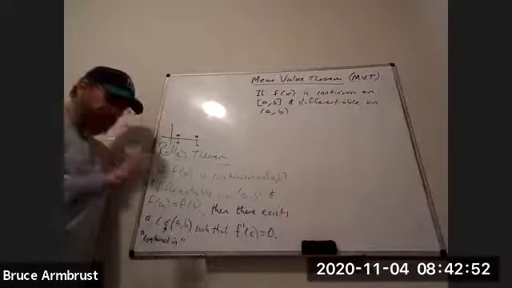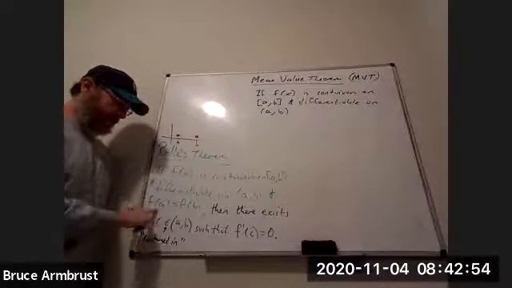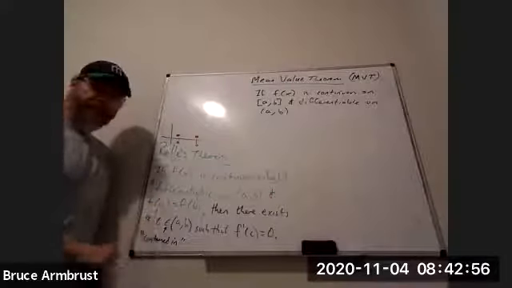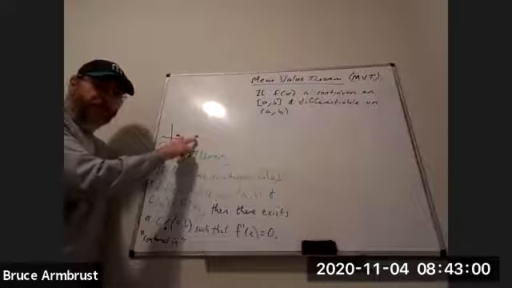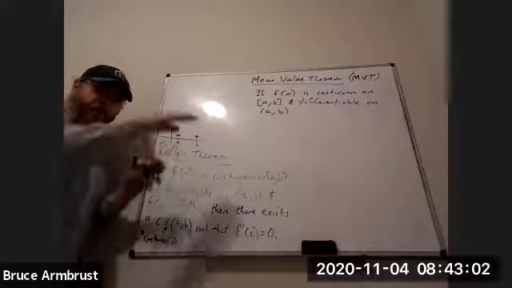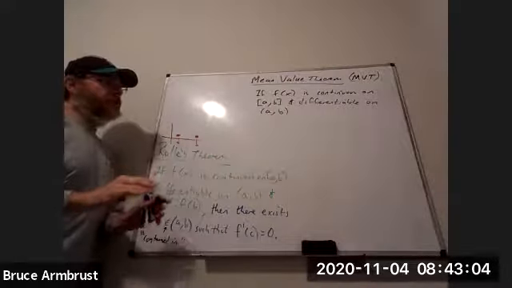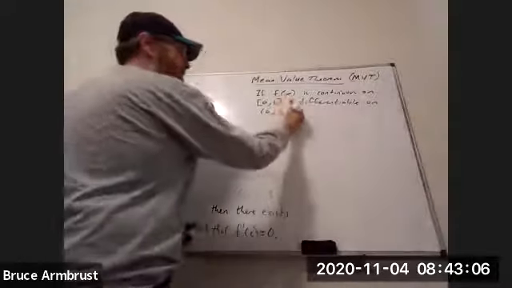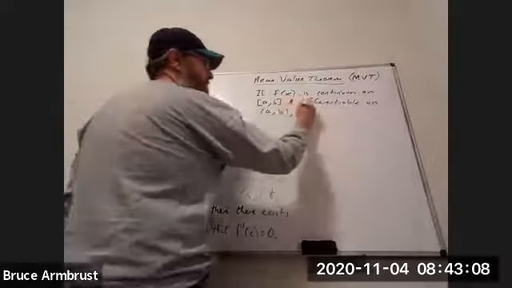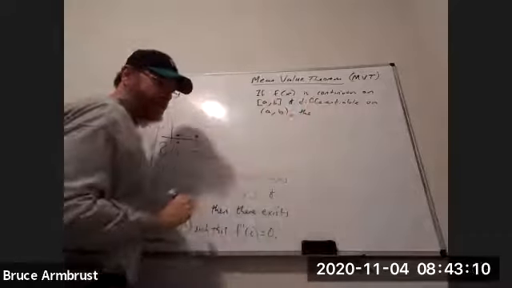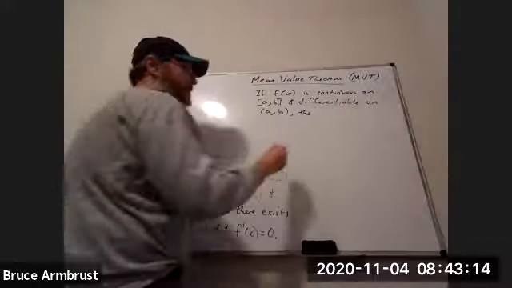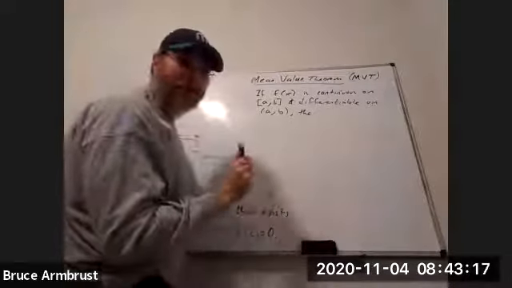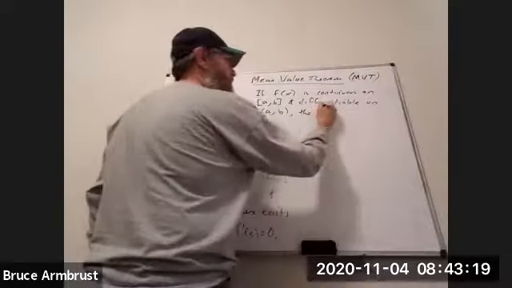But the thing that's a little bit different now is we're not forcing f of A to equal f of B. Not saying that these 2 points have to be equal in terms of their y. They can be, one can be higher than the other. All right, so this is it in terms of the ifs. But then here's the then. So then, okay, there exists, and here you go, I'm going to show you the math notation.